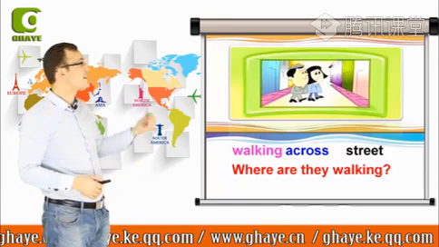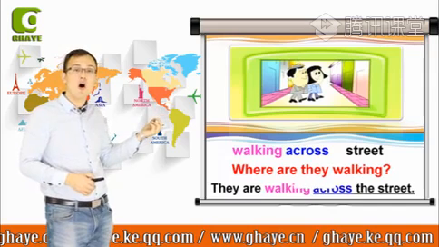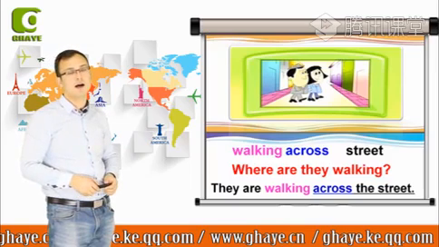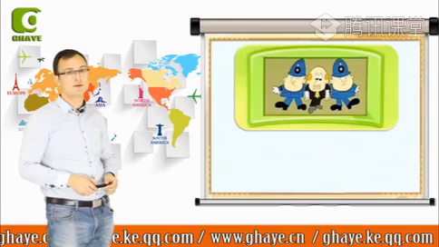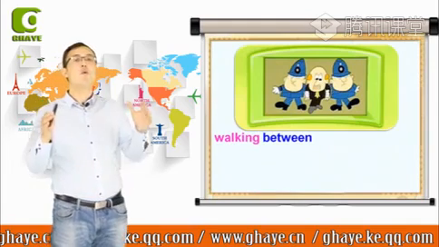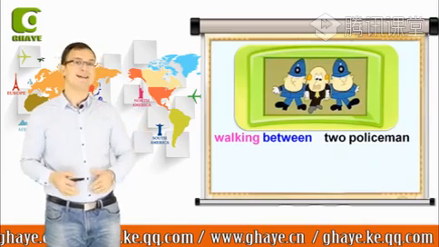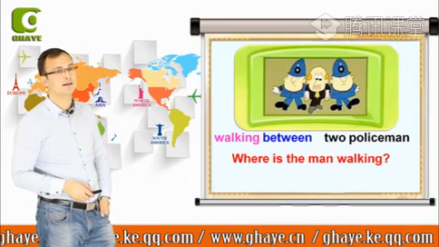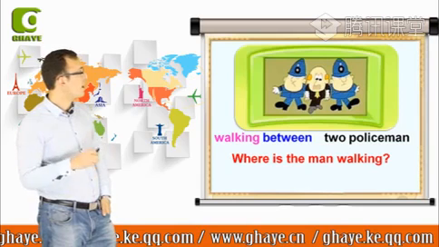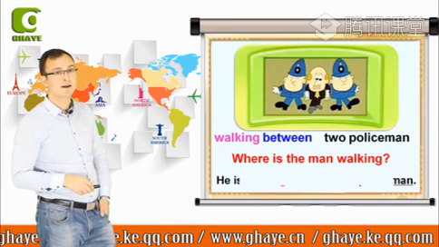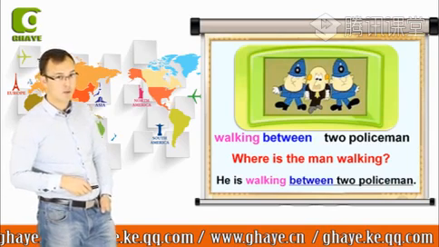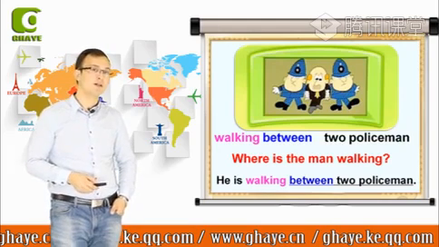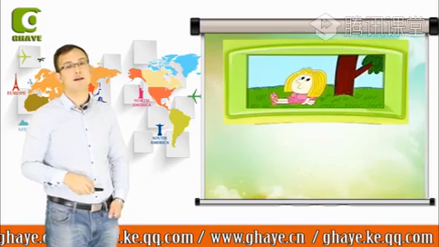You can say they are walking across the street. And walking between two policemen. So where is the man walking? He's walking between two policemen.